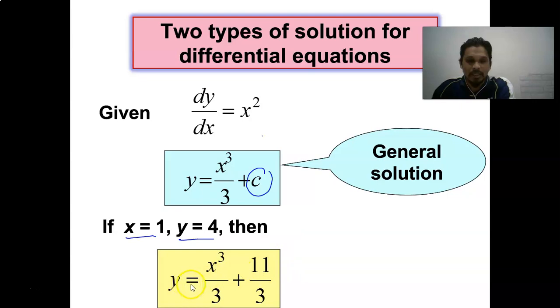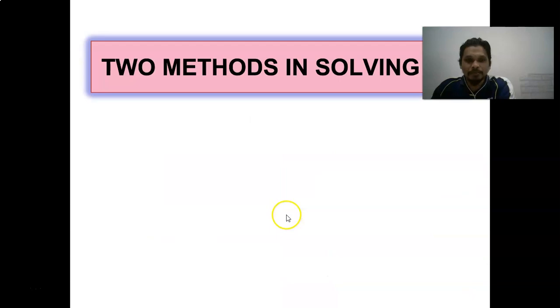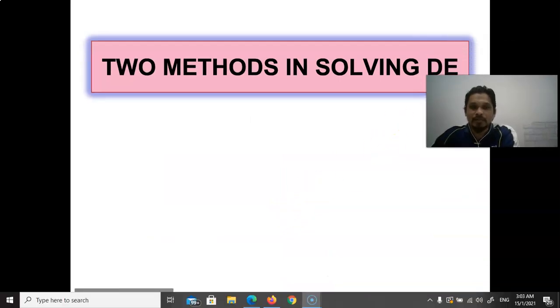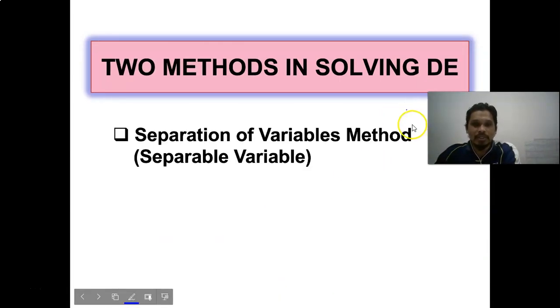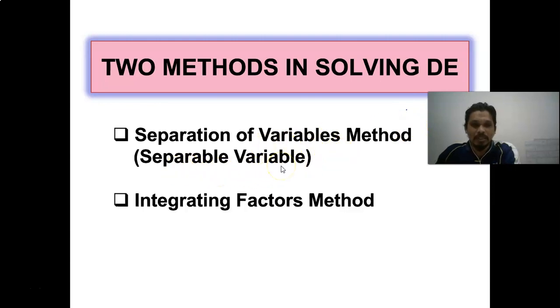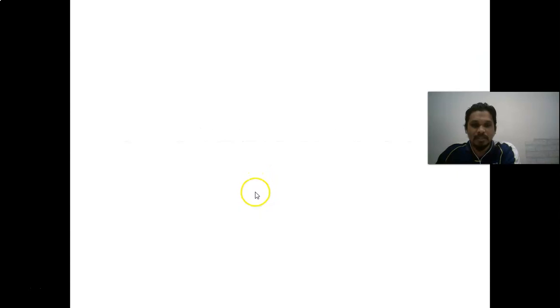So then it ends up with y equal to x cubed over 3 plus 11 over 3, meaning that it's a complete equation without any constant c. So there are two methods of solving differential equation: separation of variables method, or separable variables, and integrating factors method.